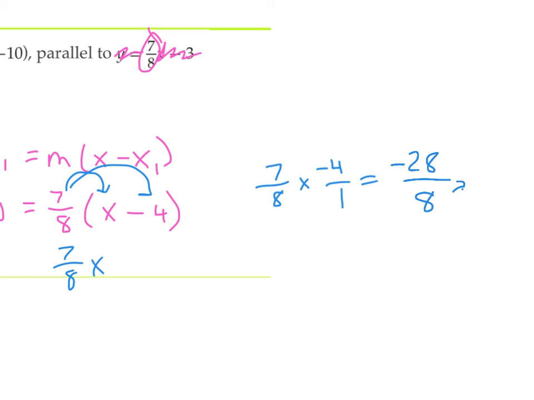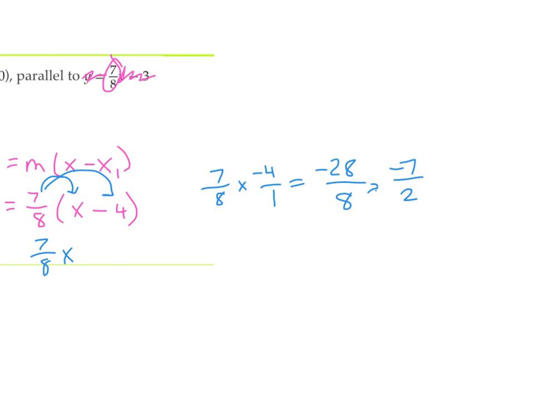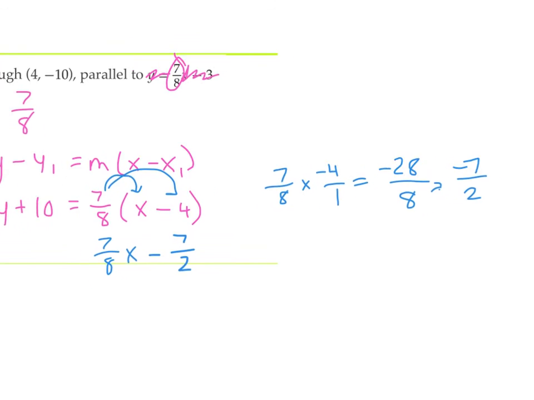What does it simplify to? Wouldn't it be -7 over 2? Perfect. A 4 goes into both of them, so it would be -7 over 2. So we just divide the top by 4 and divide the bottom by 4.